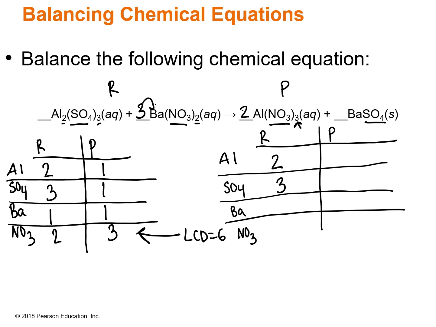We've got 3 times the barium and 3 times 2 for the nitrates. On the product side, we've changed the aluminum because now we've got 2 times Al. So that's 2. And then we've got 2 times 3 for the nitrates.